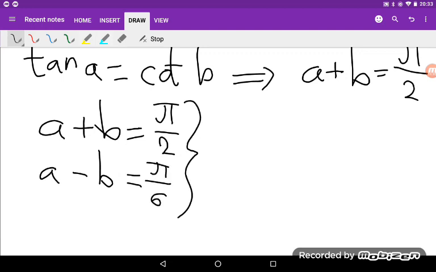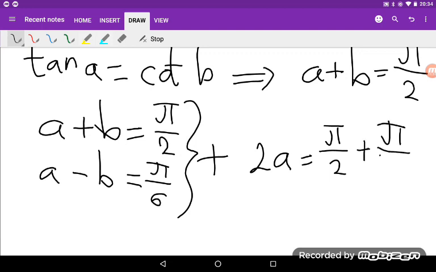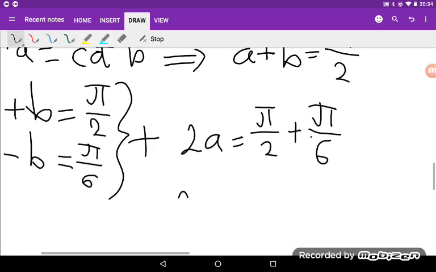Okay, and now I will just add these equations, and I get 2a is equal to pi over 2 plus pi over 6. Okay, so I have 2a is equal to, this will be 3 pi over 6 plus pi over 6, that's 4 pi over 6.